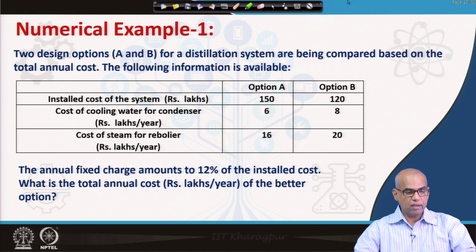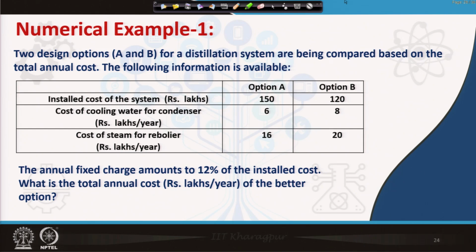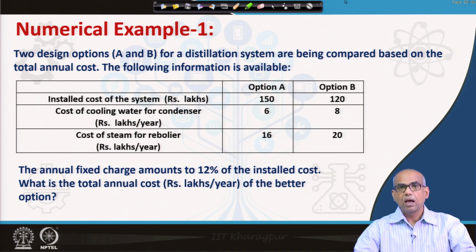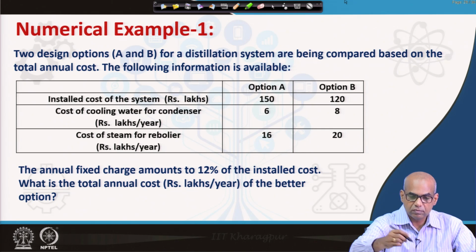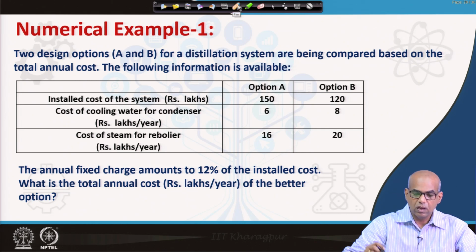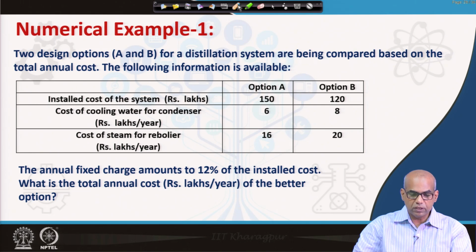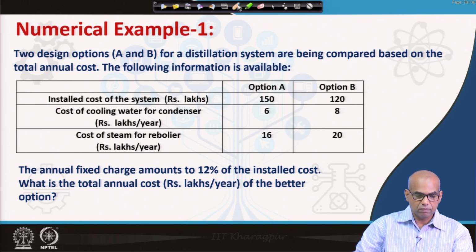Now, let us take a simple example. We have two design options, option A and option B, for a distillation system, and these two options are being compared based on the total annual cost. We have the following information available as shown in the table.